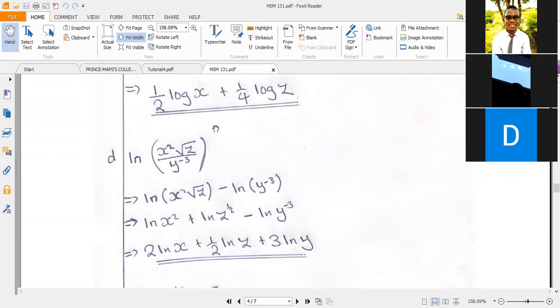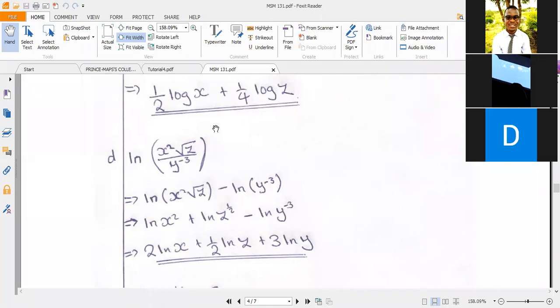Ln of x squared root z over y to the power -3. This is the same as, because we are dividing there, ln of x squared root of z minus ln of y to the power -3. That can further be simplified. We know that x squared is multiplying root of z. So that gives us addition.